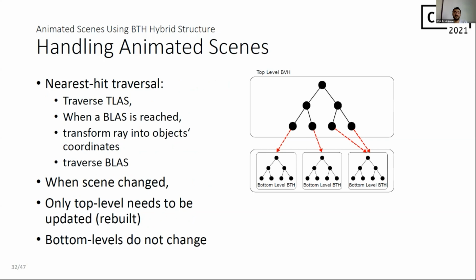When doing a nearest hit traversal, we traverse the top level structure first. And when we reach a bottom level structure, we transform the rays into the object's local coordinates, and we traverse those bottom level acceleration structures. And when the scene changes, since those bottom level structures do not change, we only rebuild the top level bounding volume hierarchy.